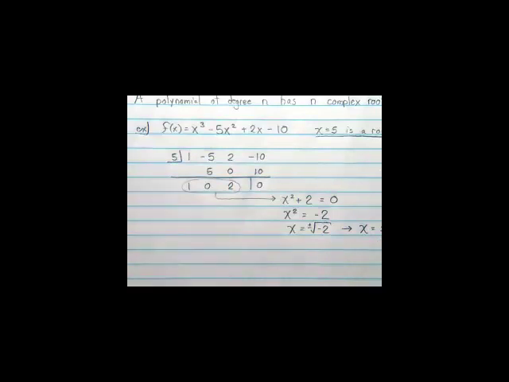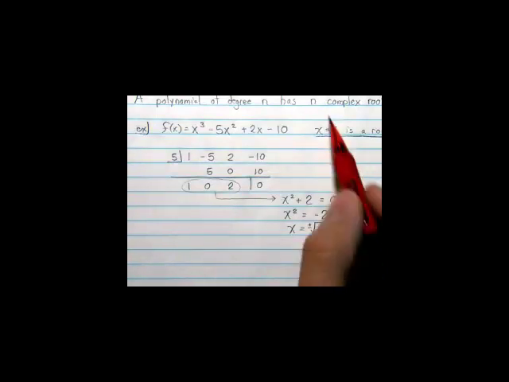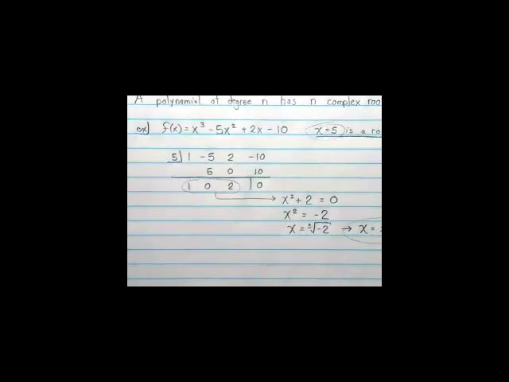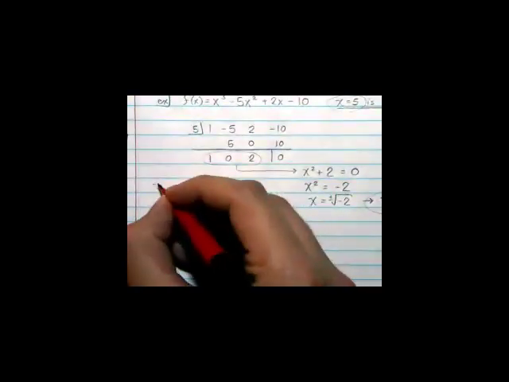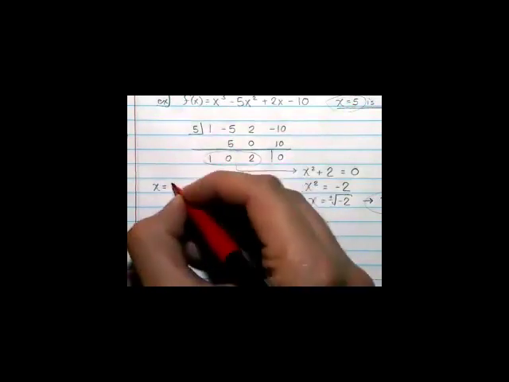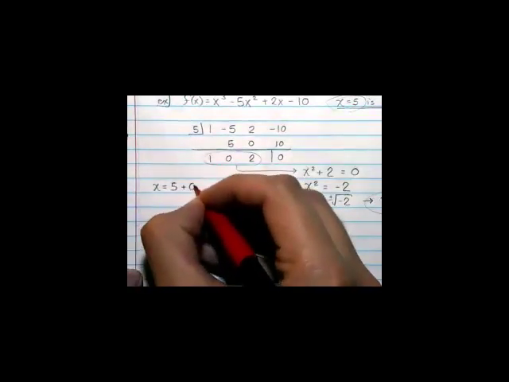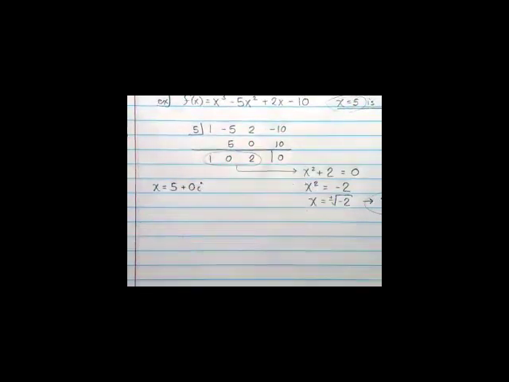Okay? And oftentimes they're going to be asked to write the solutions as complex numbers. Okay? So, I've got this one and these two. I'm going to write them as complex numbers for my answer. So I'd have x equals 5 plus 0i. Okay, that's this one.